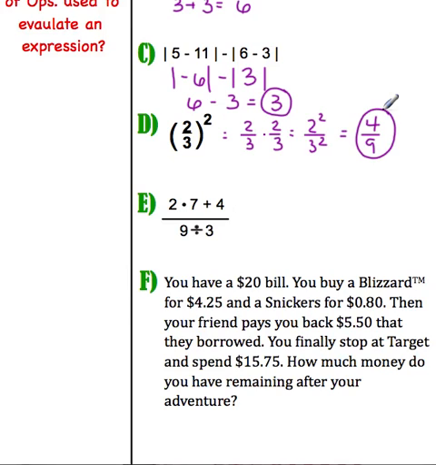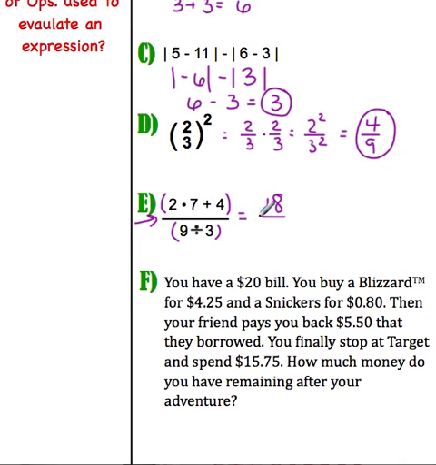If we take a look at the next one here, we have 2 times 7 plus 4 all divided by 9 divided by 3. This implies like we have giant parentheses around these, because as we mentioned, this fraction bar here is a grouping symbol. So I'm going to work out the top first. 2 times 7 comes first, which is 14, plus 4, which is 18.